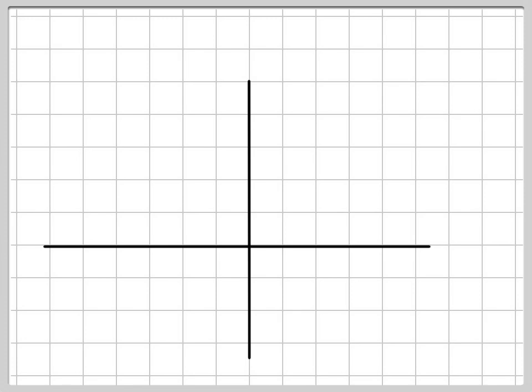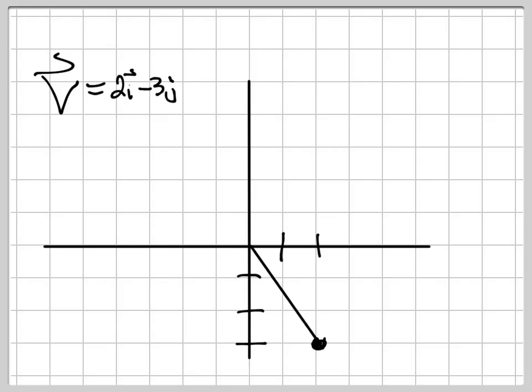Our vector v said that we are going to have 2i minus 3j. So 2i means I'm over 2 here, and 3j means I'm down here. So this is my ordered pair that I would be landing at, and this is the vector v. Okay, everybody okay with that?